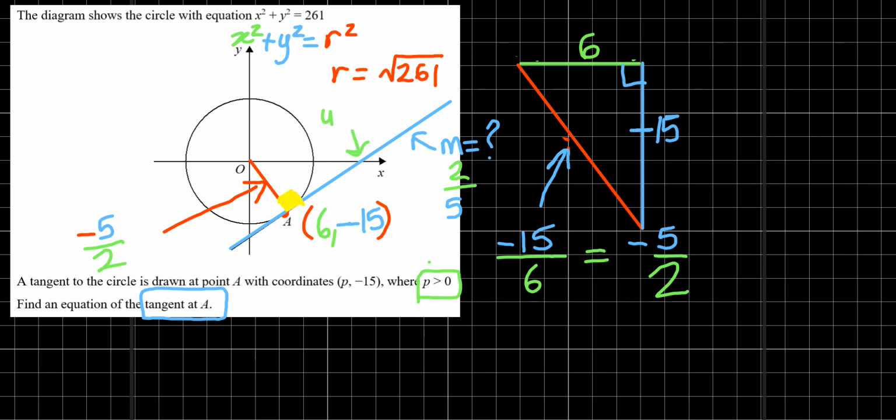The equation of a line is y equals mx plus c, and what we need to do is find the value of c, the y-intercept, where the line meets the y-axis, and then we can write the equation.